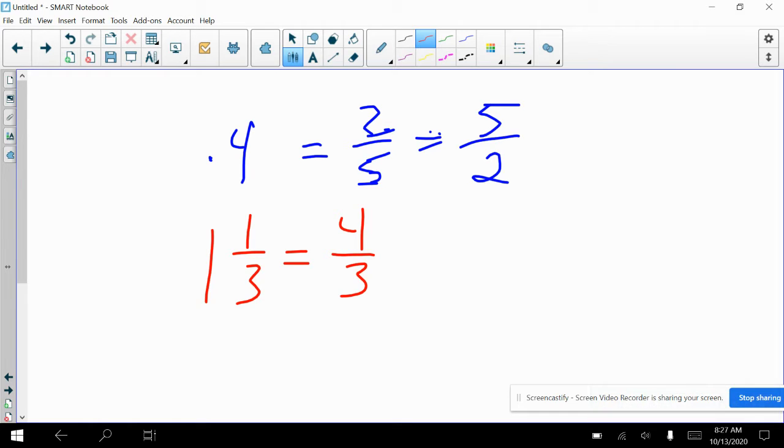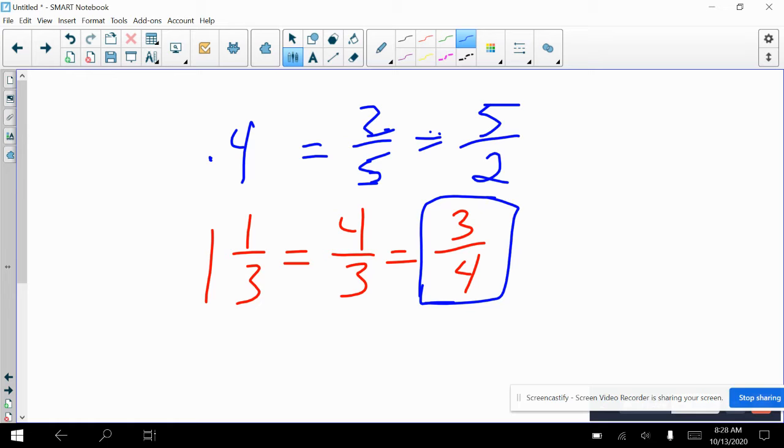Again, you get wrapped up in doing that, and you forget that the question is asking you about the reciprocal, which then you have to flip it. So the reciprocal of 1 1/3 is 3/4.